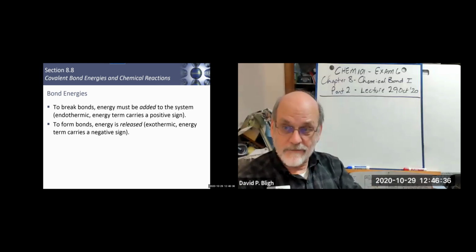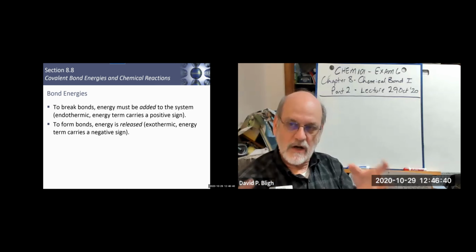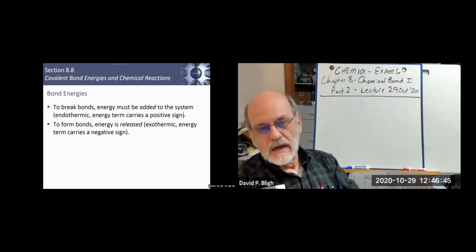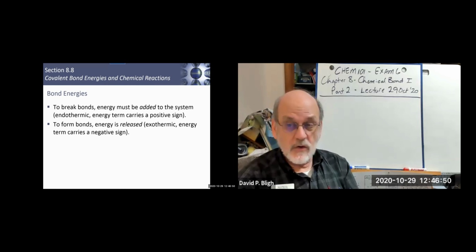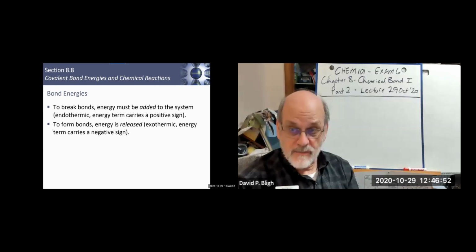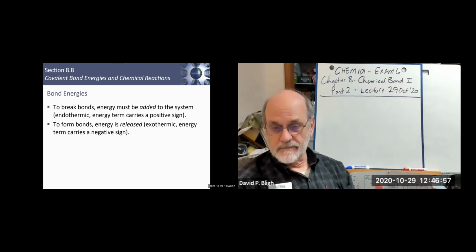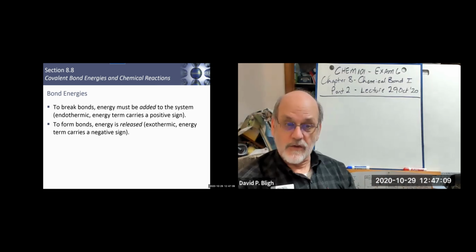If the energy is lower after than before, then the energy that was part of the reactants now is free. And what that means also is that once the bonds are made, if you want to break them, you got to add energy back. And that's what we call the bond energy. So it's an endothermic process where you put energy back in to break bonds. Whereas the formation of bond, energy is released, that's exothermic process.